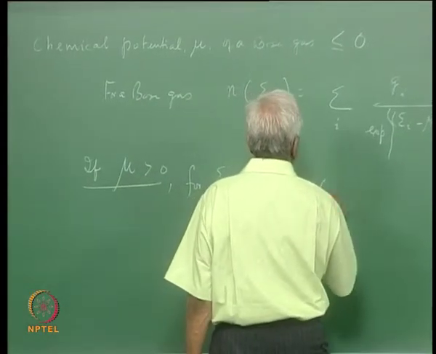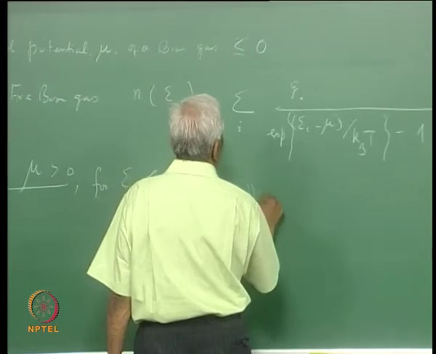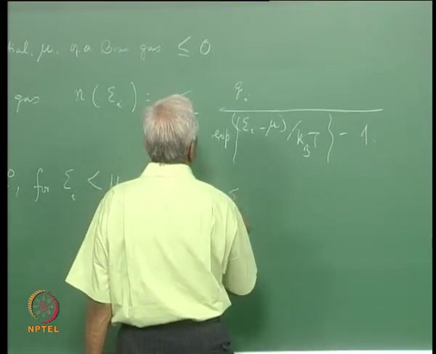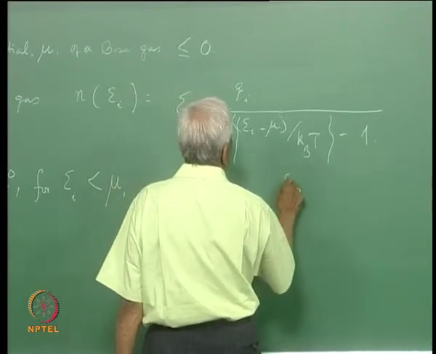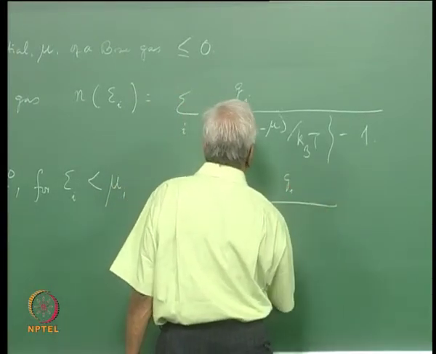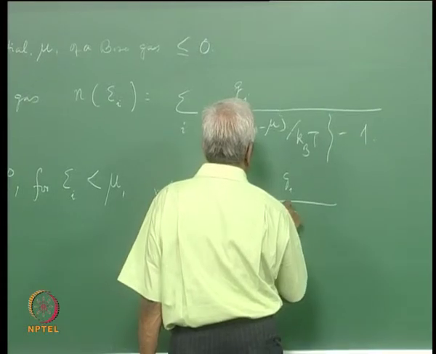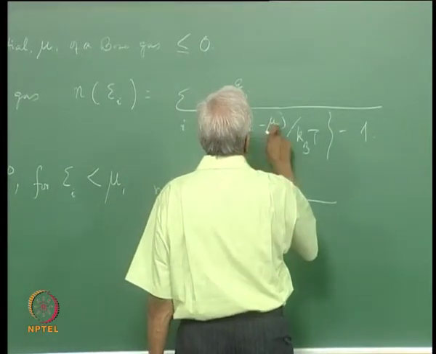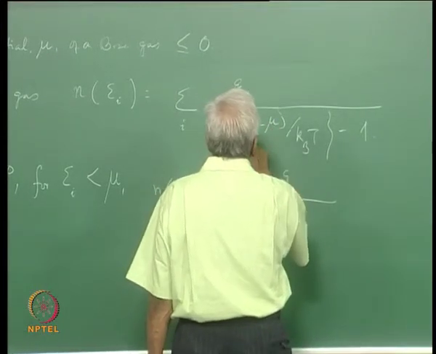then n of E_i will be sigma_i g_i by exponential. Now, E_i is less than mu, therefore this is positive, therefore this is less.